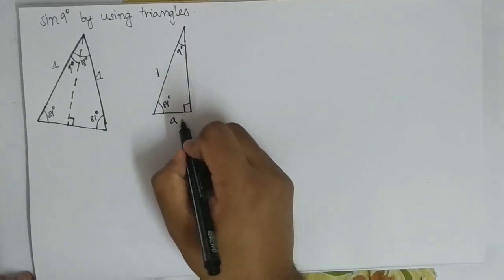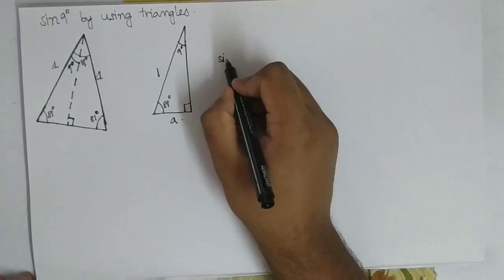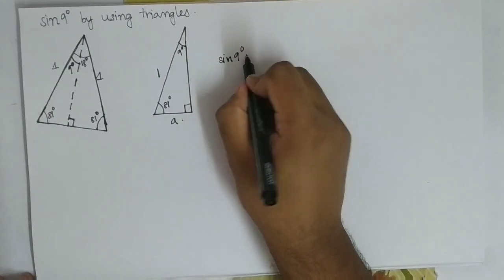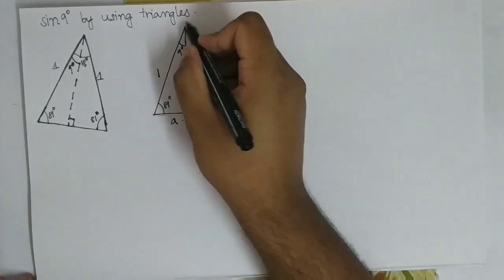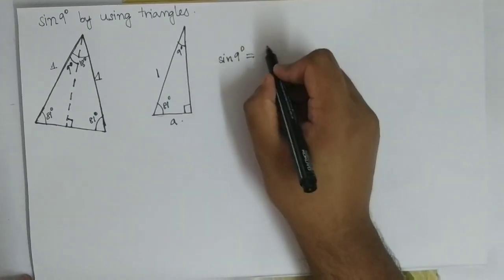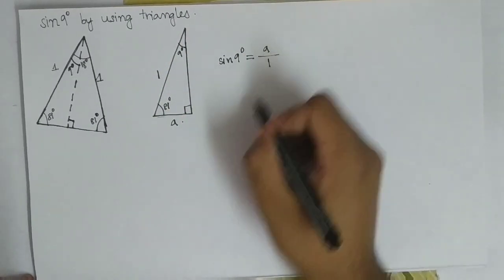Let this side be A. Then in that case, from this triangle I can write sine of 9 degrees will be equals opposite by hypotenuse. So here the opposite has a length of A units divided by the hypotenuse, which has 1 unit.